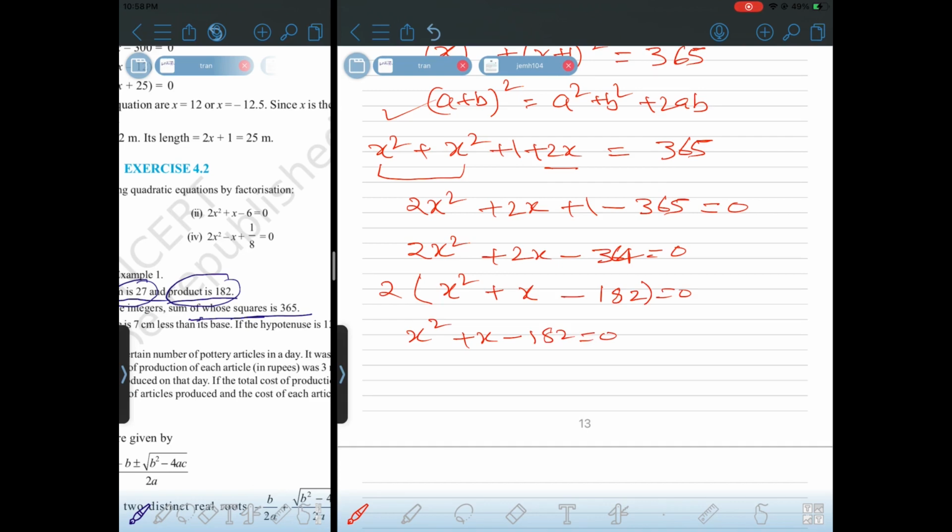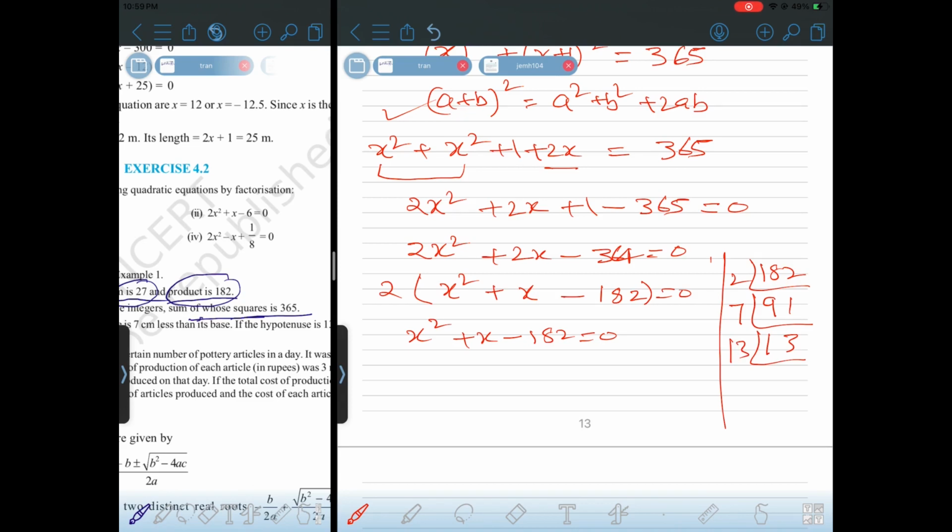So now you have got a quadratic equation, and by now you are expert at solving it. We will find the factors of 182, like we always do. 182 divided by 2 is 91, then 7 times 13.